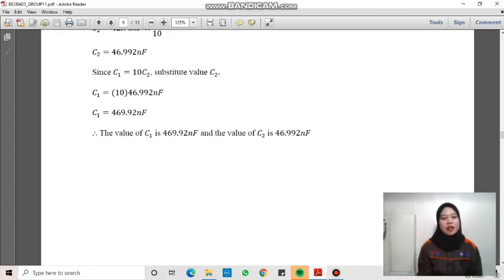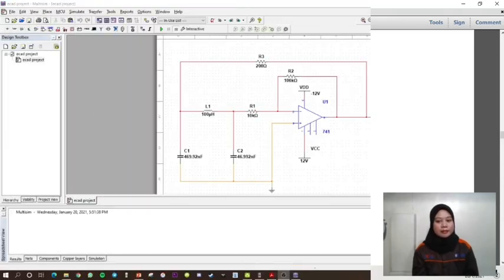Then we get C1 as 469.92 nanofarad, and C2 as 46.992 nanofarad. Note that the value of C1 is larger than the value of C2. This is because C1 is related to the output voltage, while C2 is related to the feedback voltage.